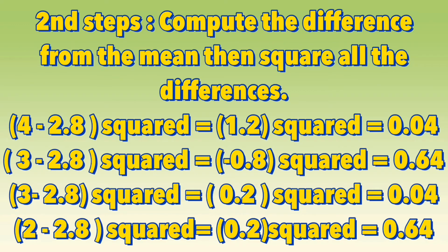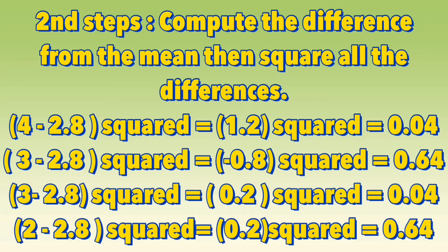After the first step, we go to the second step: compute the difference from the mean, then square all the differences. The first sample is 4 hours minus 2.8, which is the mean, giving 1.2, then squared it becomes 1.44.